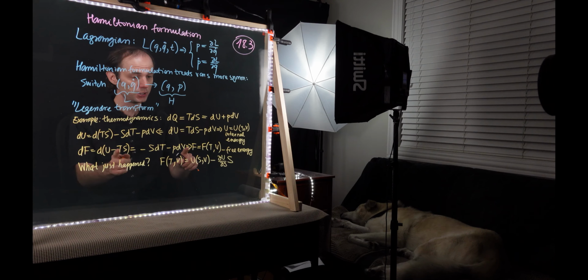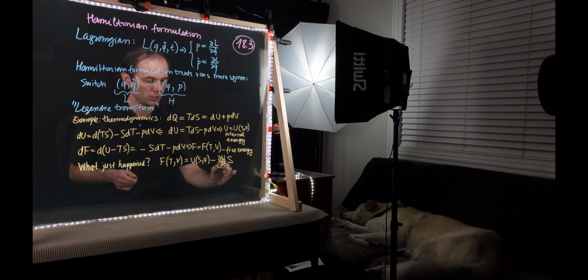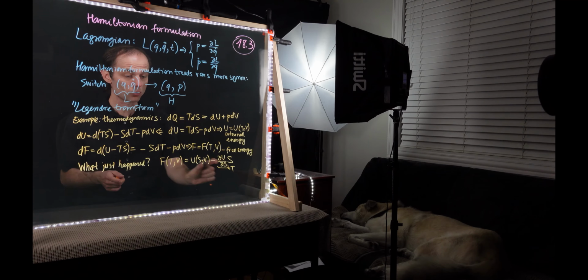Or because T was a partial derivative of U with respect to S, we can write F out as U minus dU/dS times S, and that is Legendre transform.